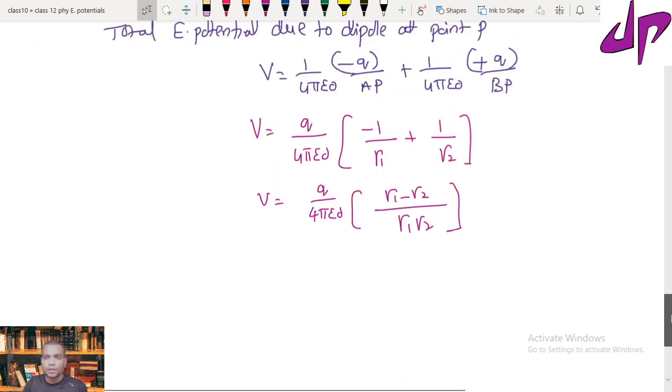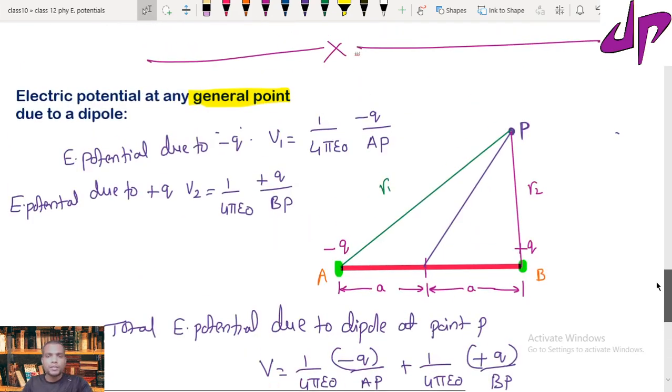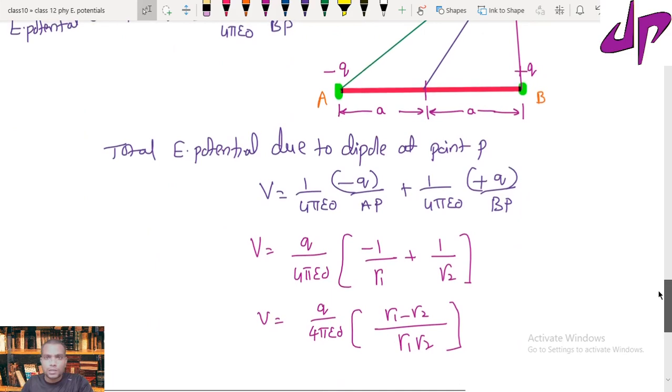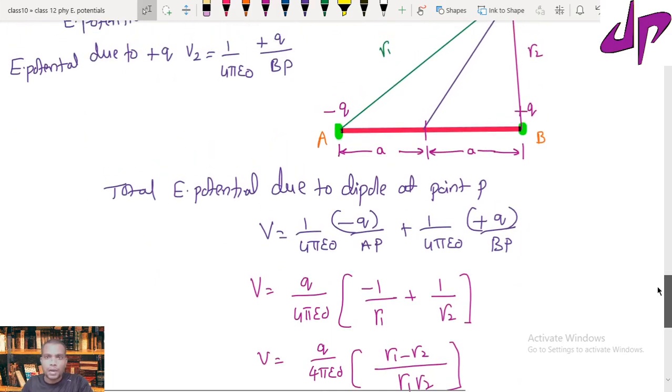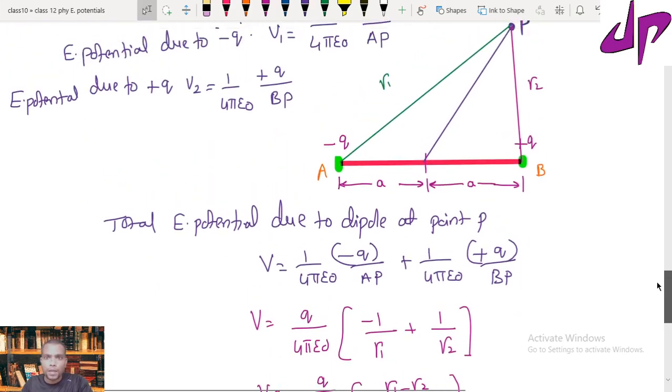Now from the figure, our task is to find the distance R1 minus R2. Suppose you take the origin here, the middle of the dipole, the length from here to here becomes r.